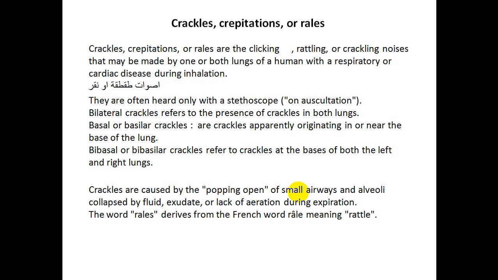Bilateral crackles refer to the presence of crackles in both lung fields, while basal or basilar crackles originate at or near the bases of the lung posteriorly. Bibasal or bibasilar crackles refer to the crackles or rales or crepitations at the bases of both left and right lungs posteriorly.